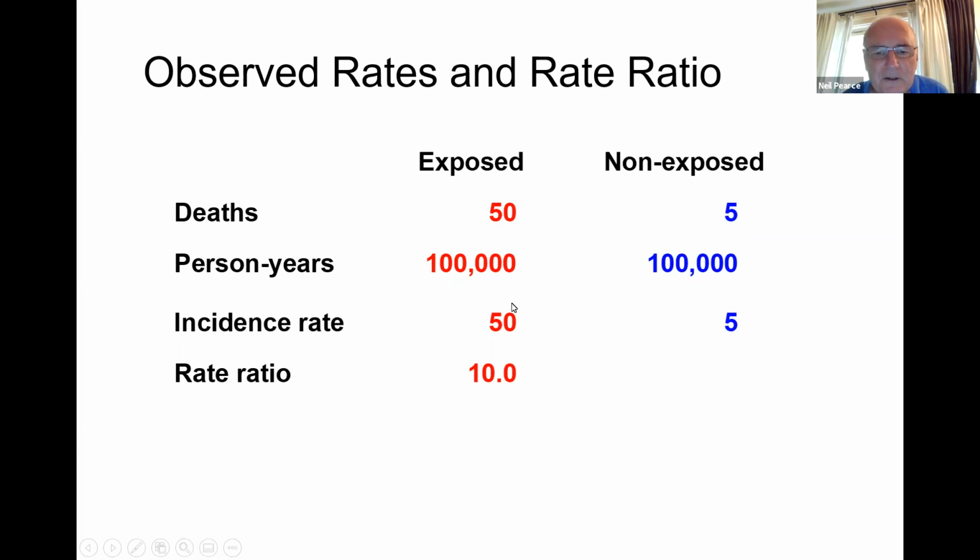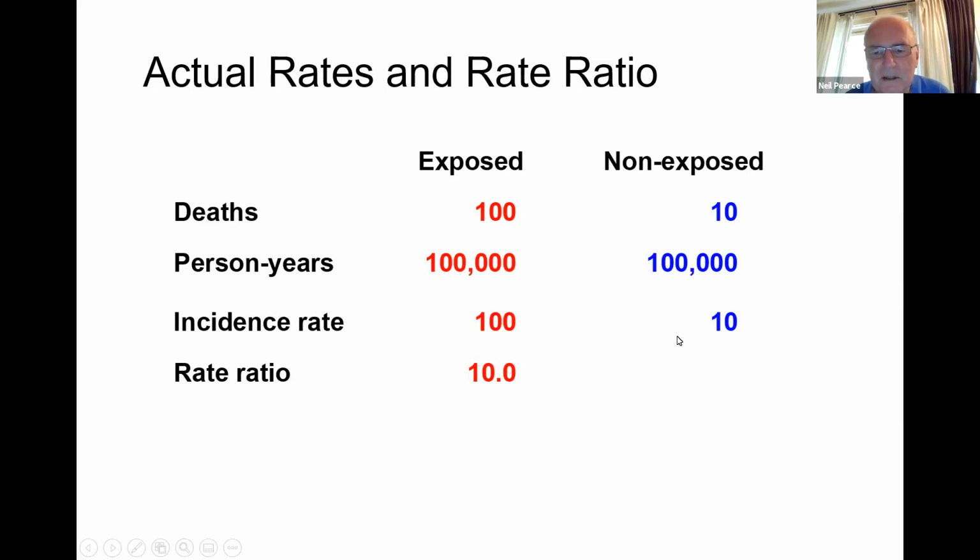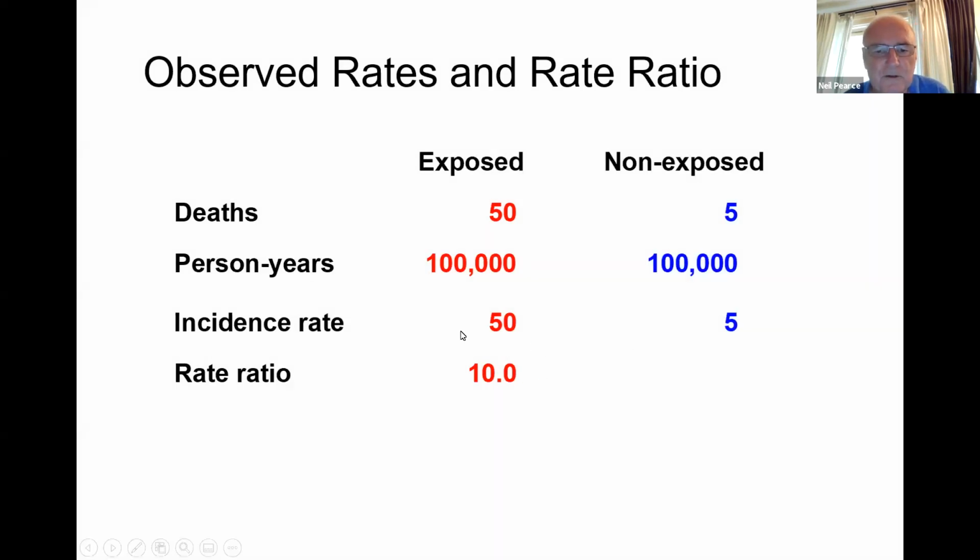And actually the incidence rate, now the real answer would be 100 per 100,000 and 10 per 100,000. We get half that, so the rate difference is actually 45, whereas the real answer is 90. But actually the rate ratio is still 10. It's just 100 times a half divided by 10 times a half still gives you a rate ratio of 10.